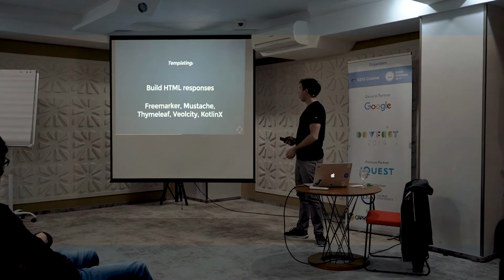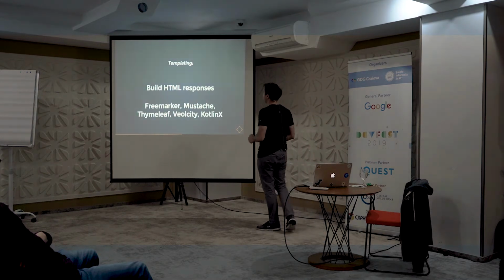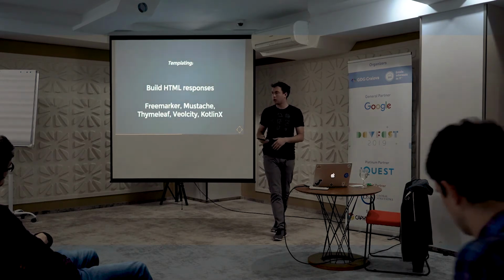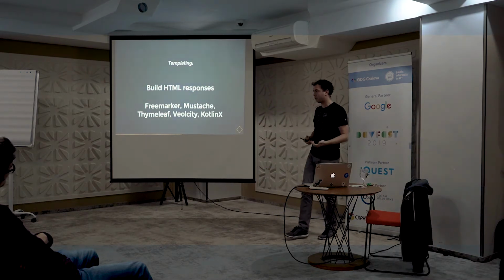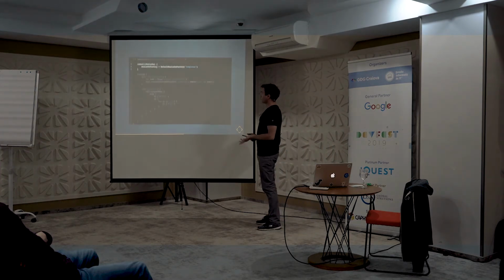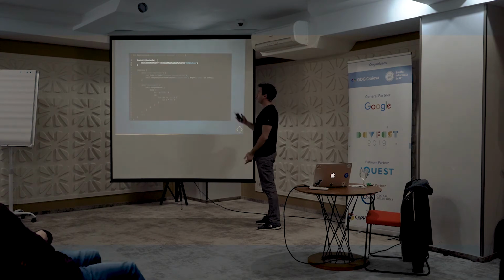The last feature that I want to go through is templating. Basically, it has a very nice feature to automatically build HTML responses, and it supports all of these templating engines. If you've ever done this before, I'm sure you're going to recognize the names here. All you need to do is, as before, install a feature.